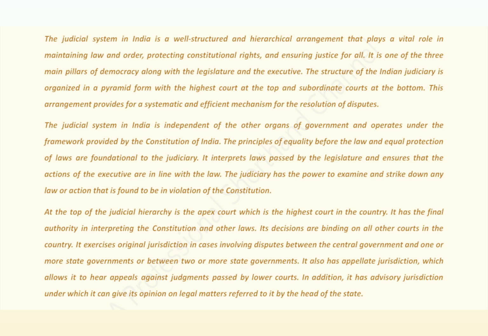It also has appellate jurisdiction, which allows it to hear appeals against judgments passed by lower courts. In addition, it has advisory jurisdiction under which it can give its opinion on legal matters referred to it by the head of the state.